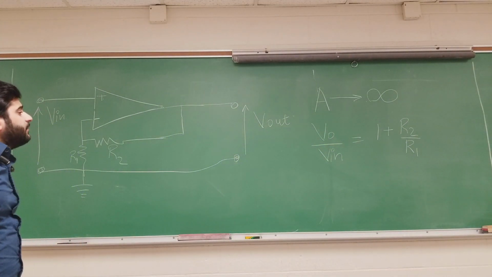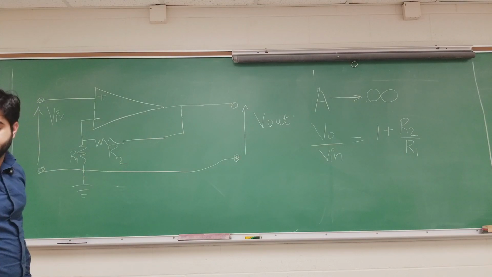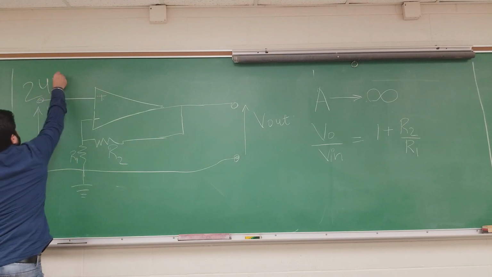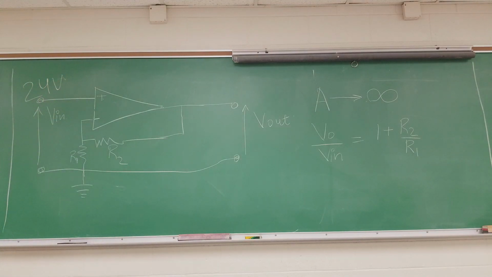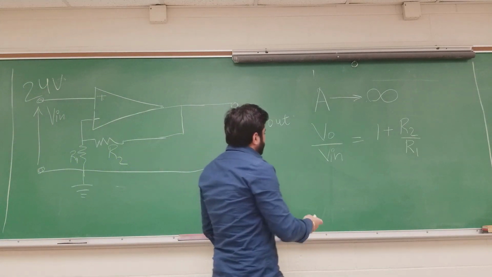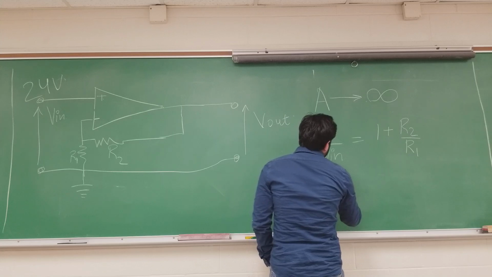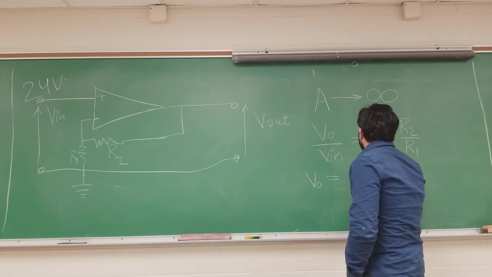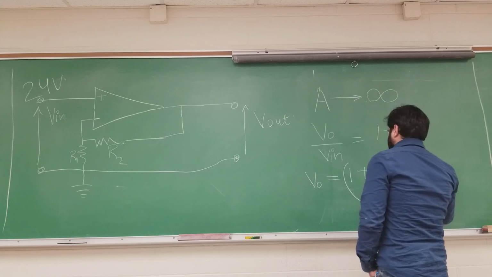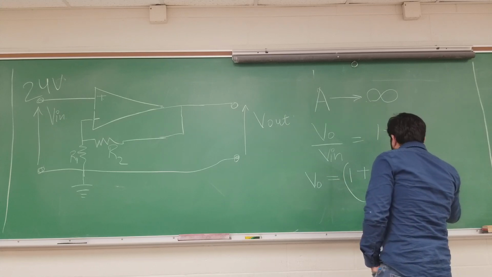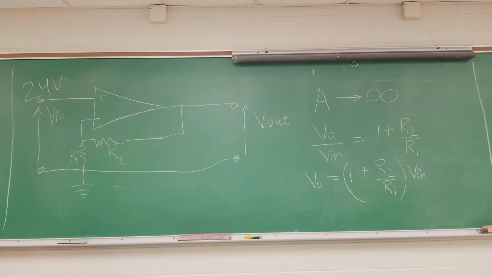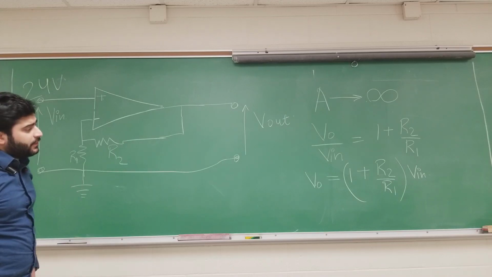Now, for instance, if we have a 24 volt signal as V in, and we need some other voltage to run our appliances, we can change the combinations of our resistors to get any kind of voltage we want.